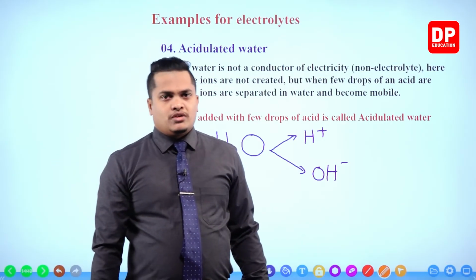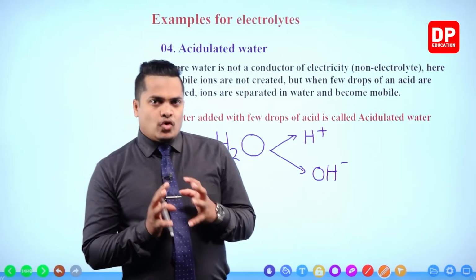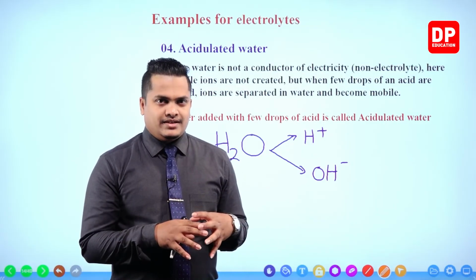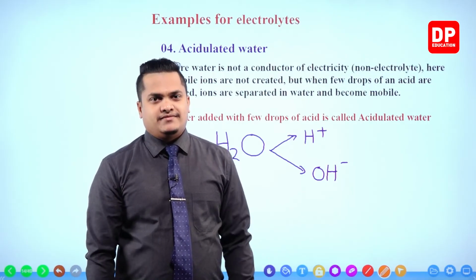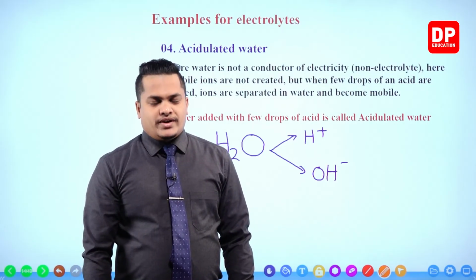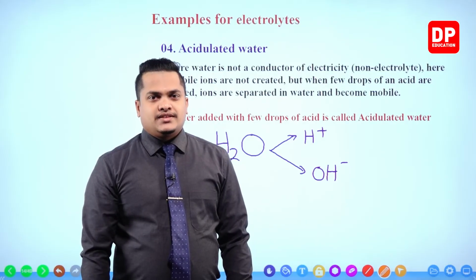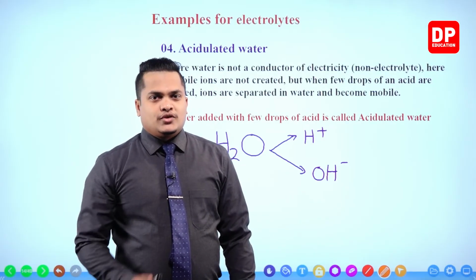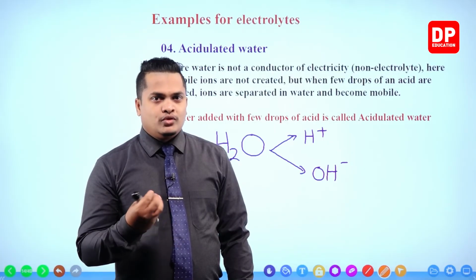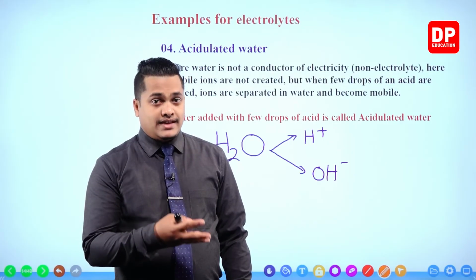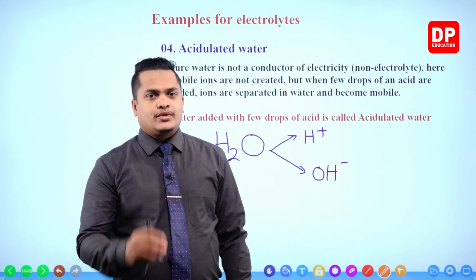If you take rainwater, my dear children, rainwater is somewhat acidic, like the acidified water. That's why the rainwater is going to conduct electricity. I think you could remember when we were taking tap water, I told you those things are not pure water, and that tap water is also going to conduct electricity.